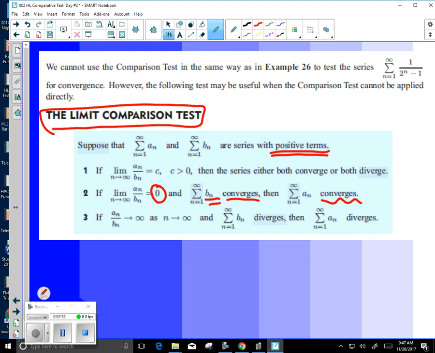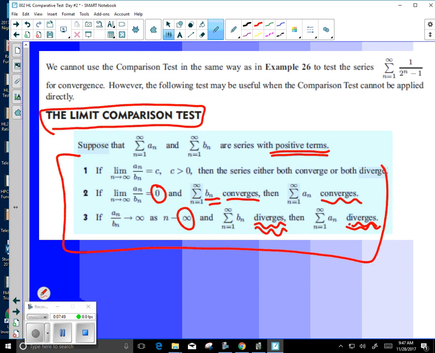If you get infinity and the one you know diverges, the other one diverges. So this would be a nice thing to save on a cheat sheet using the limit comparison test.